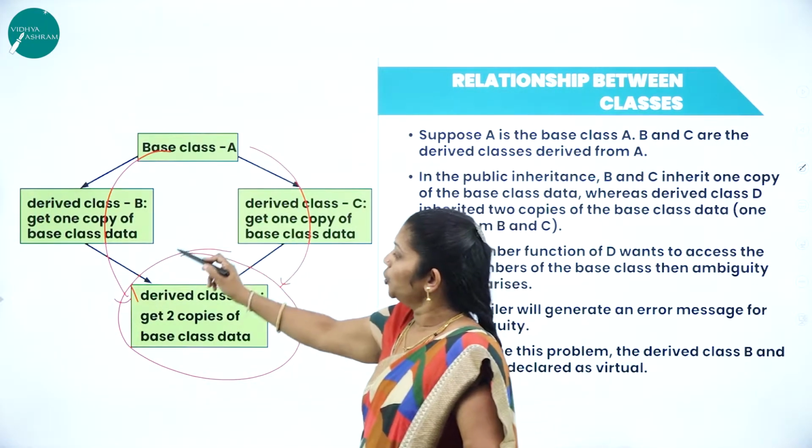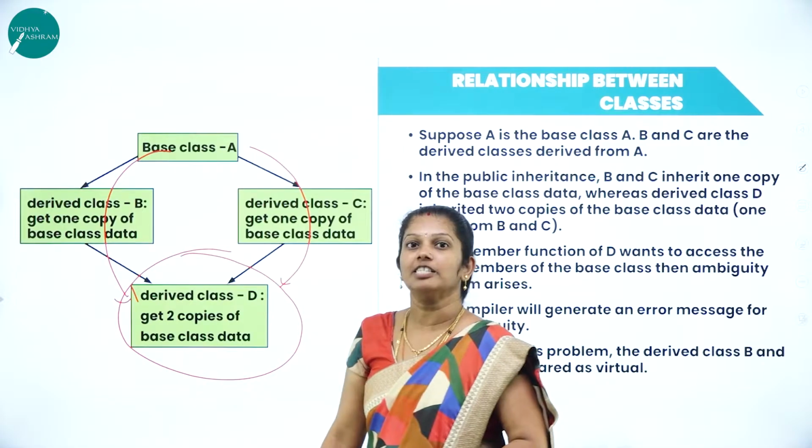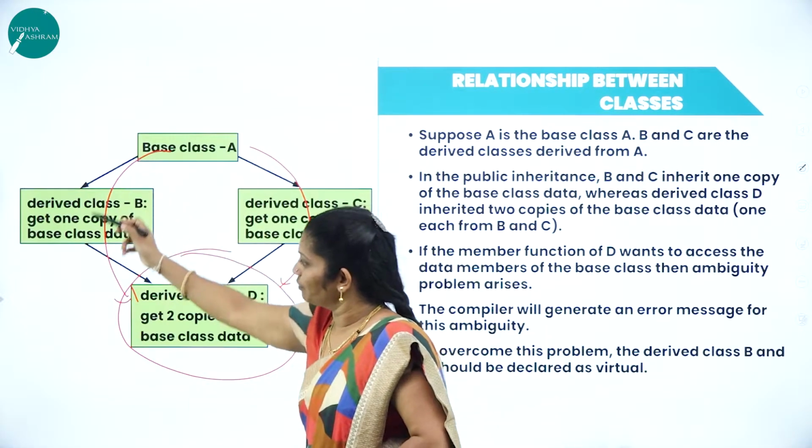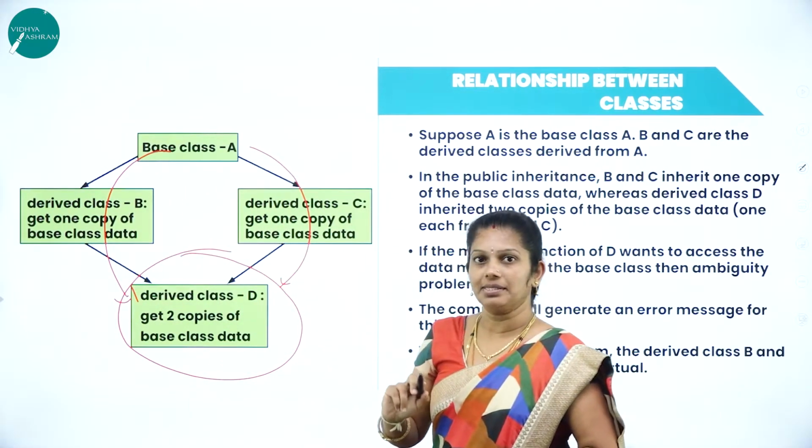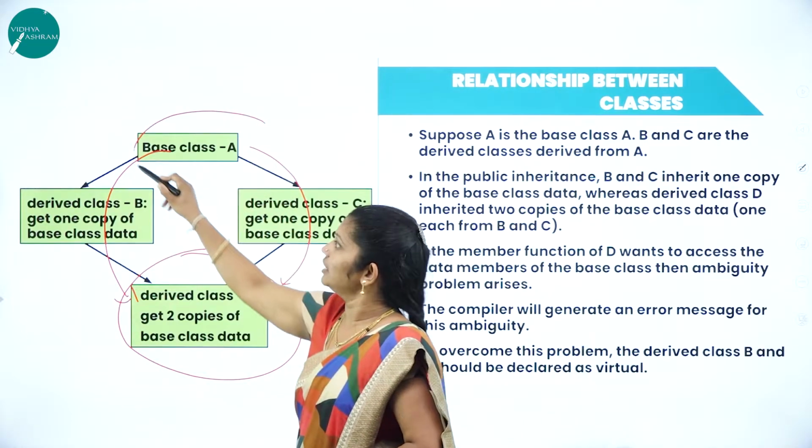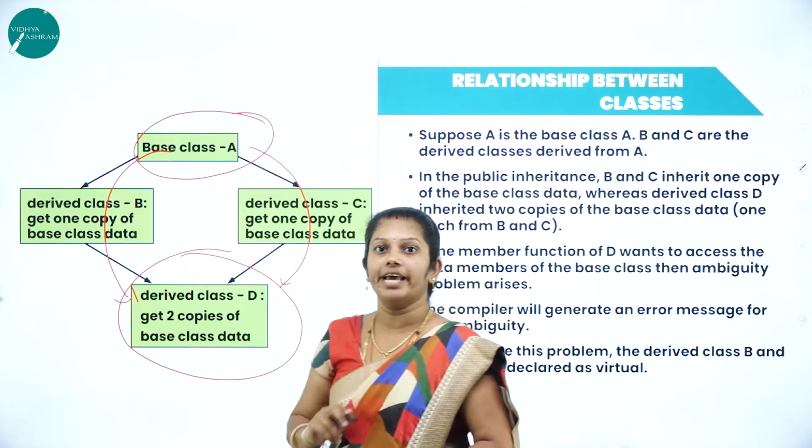It means that it stores the base class properties 2 times: once while coming from this side, another while coming from this side. It means that the base class properties are copied 2 times.